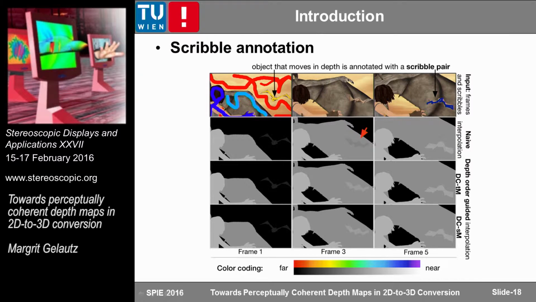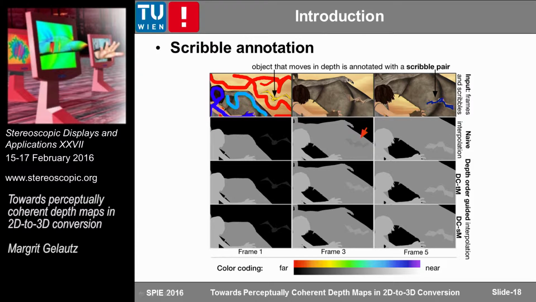And what happens now in conventional 2D to 3D conversion? Let's assume we have several frames of the input video: the first frame, the last frame, and an intermediate frame, and the user is drawing some hopefully comfortable scribbles on the first frame. The depth encoding is given here.